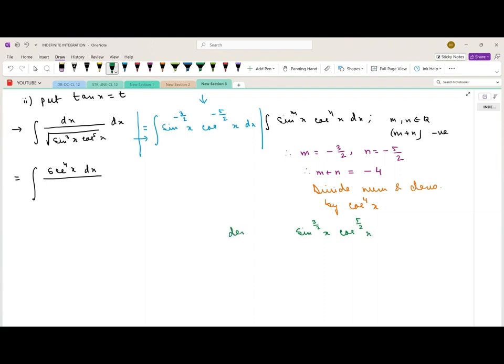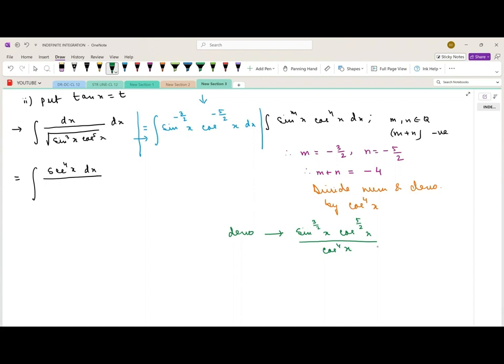Only the denominator, because when I divide, the denominator looks quite complicated with the roots and the 3's and the 5's. So I'm showing this part of the calculation separately: when I divide the denominator by cos 4x, what form does it take?